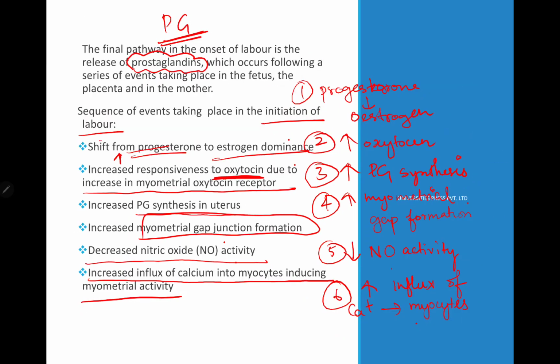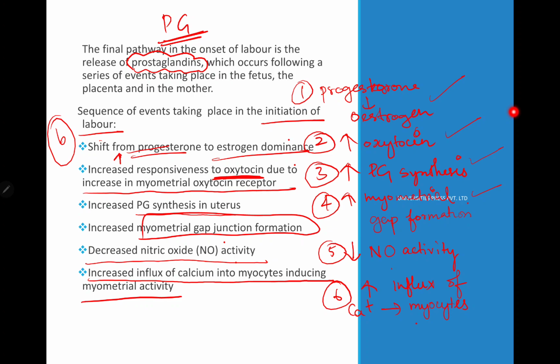So, a short revision, guys. I am going to tell you about the 6 sequential events occurring in the initiation of labor. Very important. First, progesterone dominance is converted into estrogen dominance. Responsiveness to oxytocin is increased. Therefore, prostaglandin synthesis is increased. Fourth, there is increased myometrial gap formation.